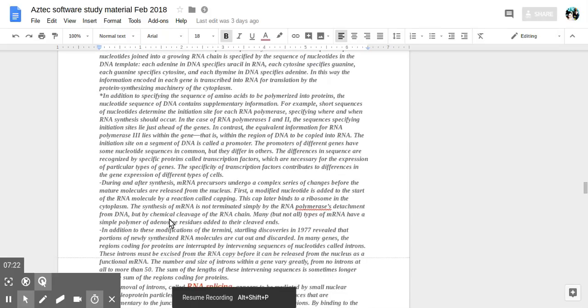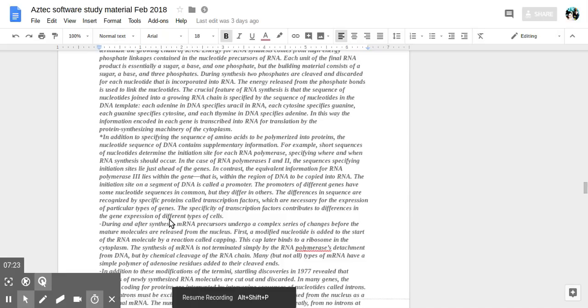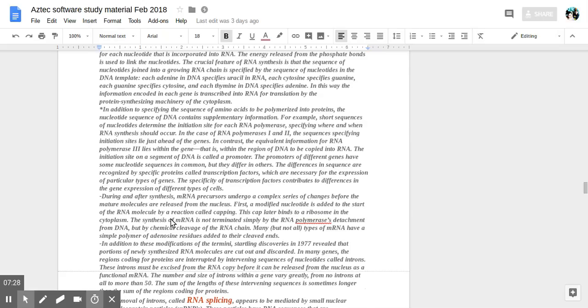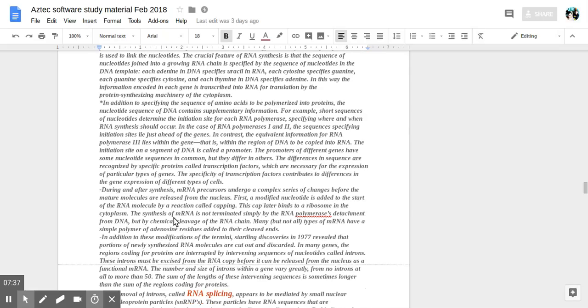In addition to specifying the sequence of amino acids to be polymerized into proteins, the nucleotide sequence of DNA contains supplementary information, short sequences of nucleotides determining the initial site of RNA polymerase, specifying where the RNA synthesis should begin and end.